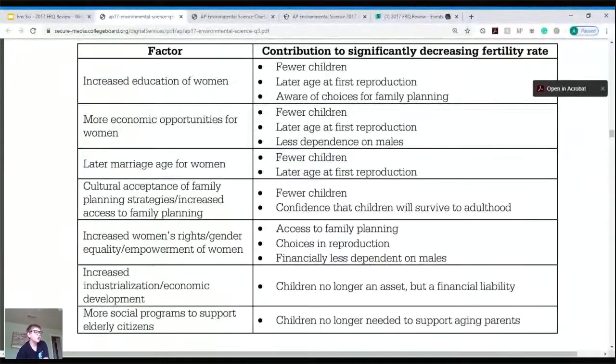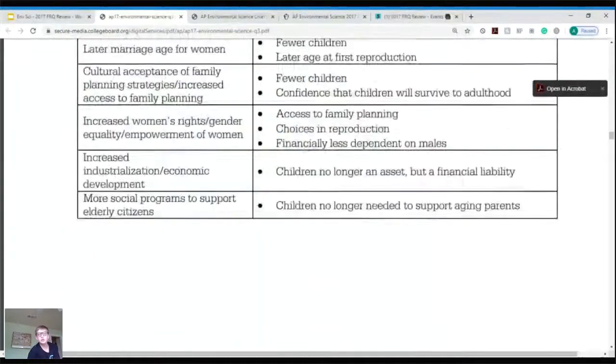Cultural acceptance of family planning strategies. This is how you could make medicine into a social cultural reason, if you say cultural acceptance of birth control or contraceptives. Increased women's rights and gender equality, empowerment of women. So what did we have?